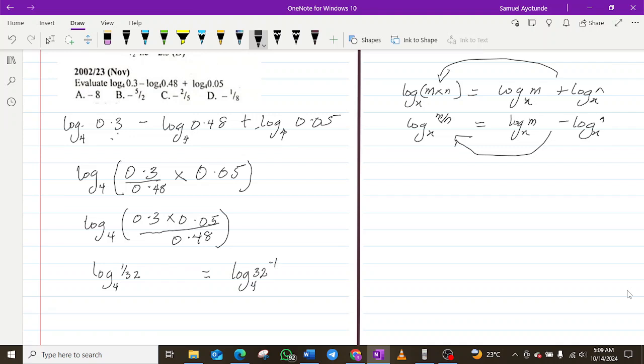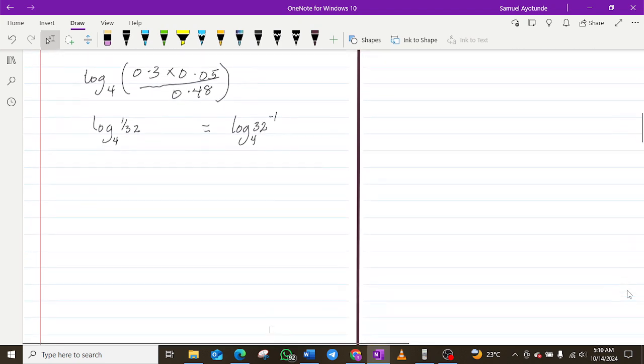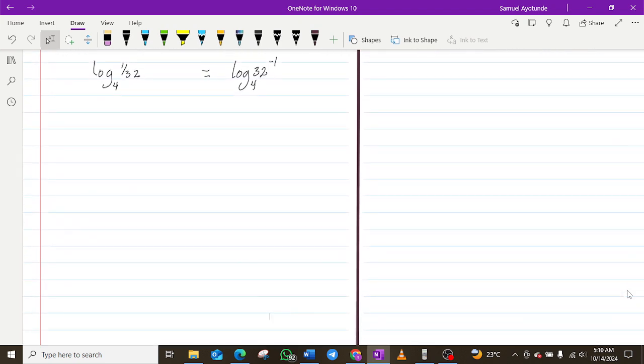Now, I can apply change of base. If I apply change of base, I'll be introducing an entirely new base that has a connection with 32 and 4, and that should be 2.